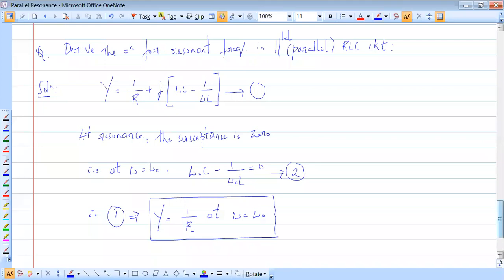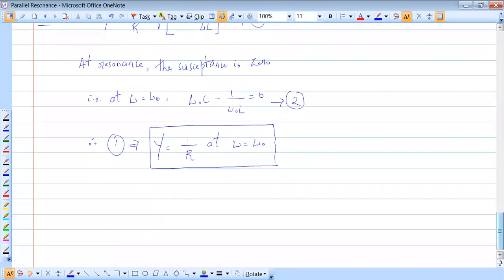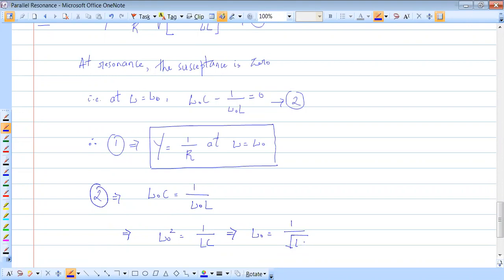What does equation 2 imply now? Equation 2 implies omega naught C is equal to 1 by omega naught L. This further implies that our omega naught square would be 1 by LC. Now this can be written as omega naught equal to 1 by square root of LC.